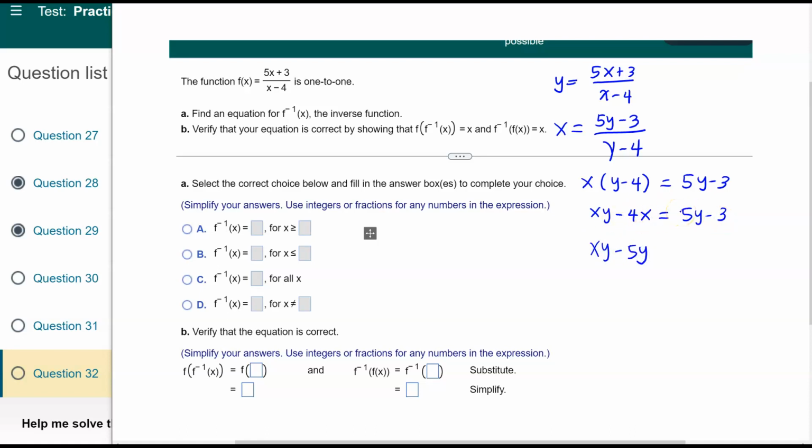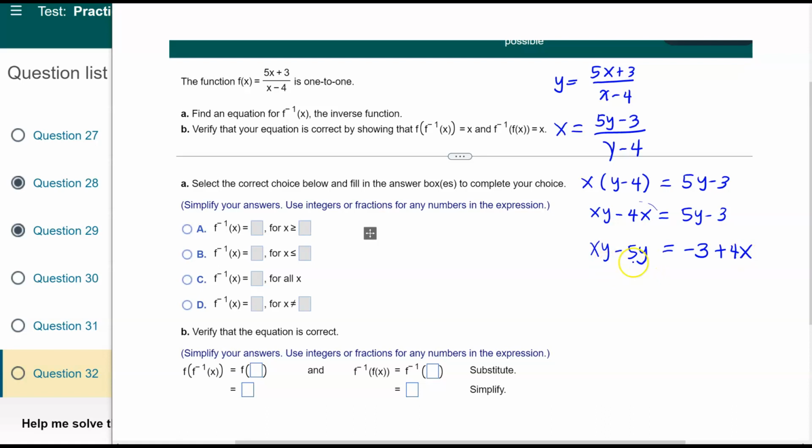Group all those with y, because we want to be able to isolate y. And then you move this minus 4x to the other side of the equation. After you move 5y to this side, you are left with 3 here. Then you move negative 4x to that side, so that becomes positive 4x.